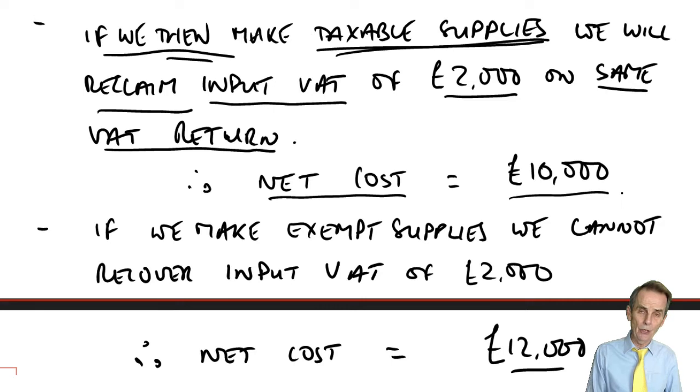The UK supplier would then have accounted for the £2,000 of output VAT within the UK system. On that purchase of £12,000, if we make taxable supplies, we would be able to record the input VAT on that purchase of £2,000 and therefore have a net cost of £10,000. Now, with this system in relation to the overseas purchase, it's exactly the same. Our net cost is still £10,000.